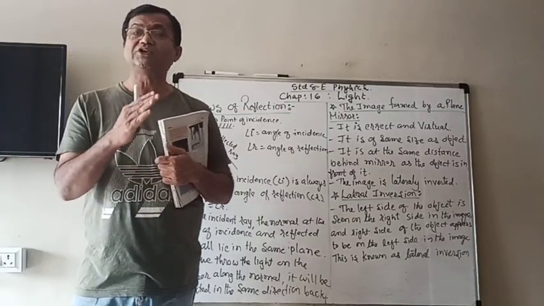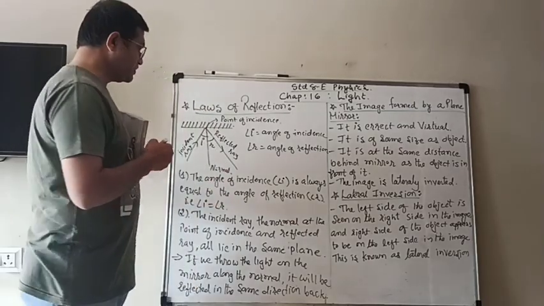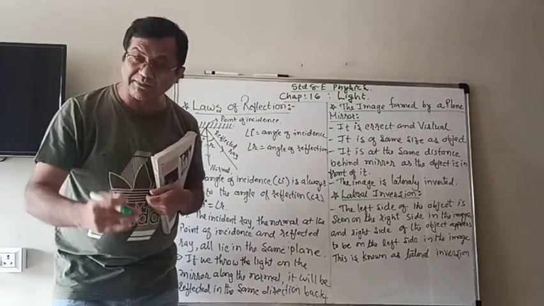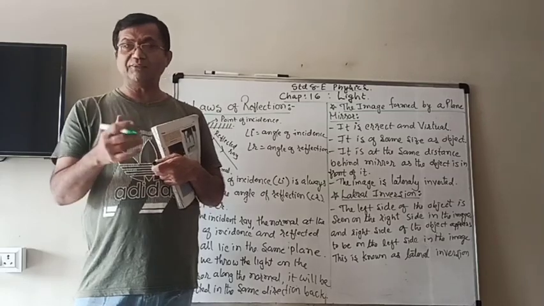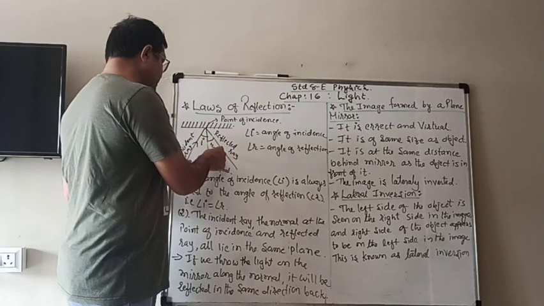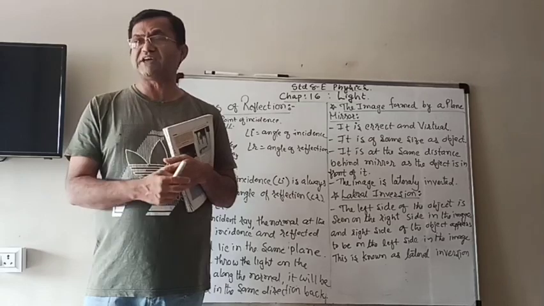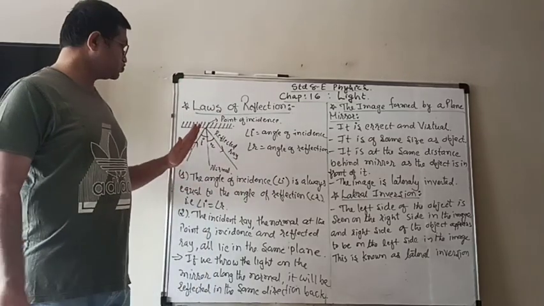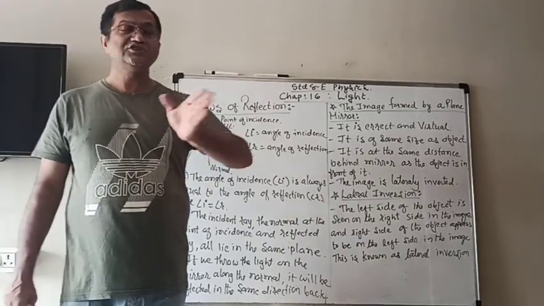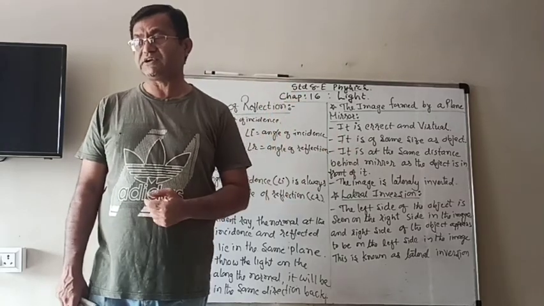So you won't be able to see the two rays differently, because it will go along that line and come back through the same direction, and therefore we won't be able to see the reflected ray and incident ray separately. Therefore, when we perform this activity, we always throw a beam of light at an angle, not exactly straight, otherwise we won't be able to do this activity.